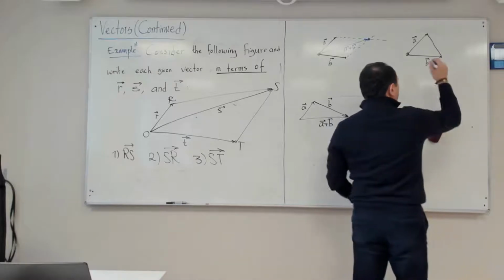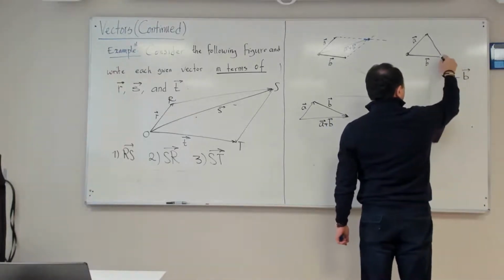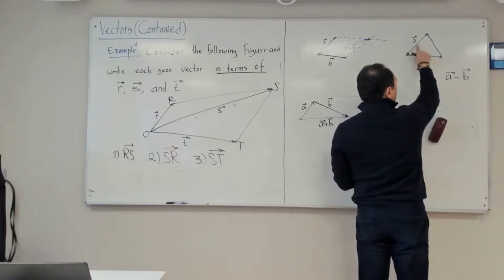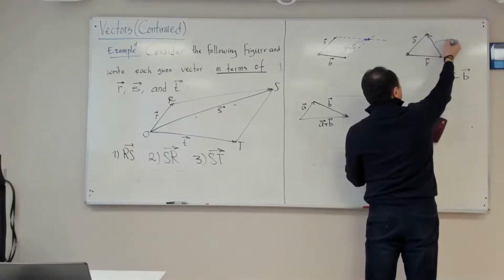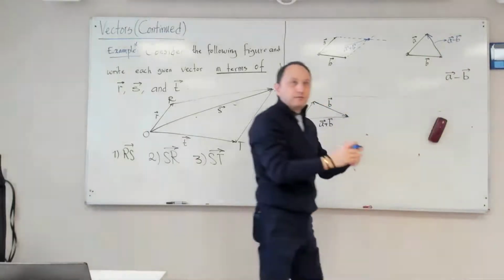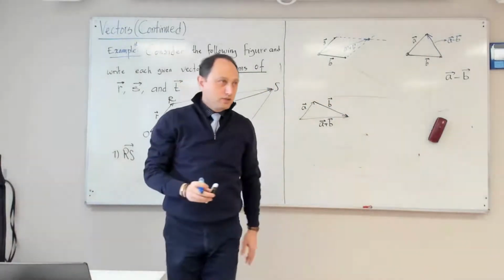And then if you want to draw A minus B, you need to put the tip of the arrow for the positive one. The positive one is A, so I put the tip of the arrow here, and this blue vector is simply A minus B without finding the opposite one, without parallel transporting at all.